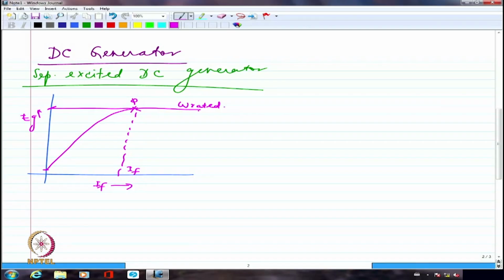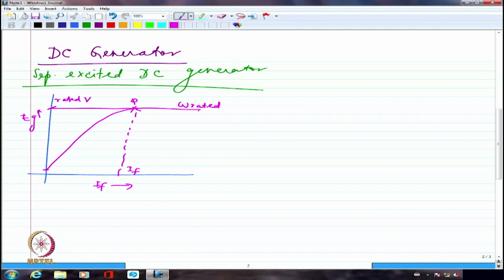So the rated EMF or rated voltage of the machine is defined as the voltage obtained from your generator when you are passing rated field current through your excitation winding and driving the generator at rated speed. That is what is defined as the rated voltage of the generator, right?